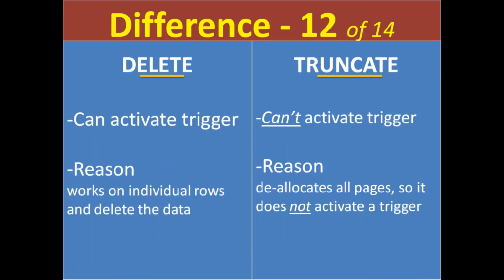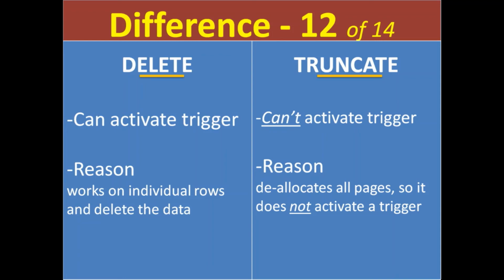Let's move to point 12 of 14. Delete can activate a trigger. The reason for it is that it works on individual rows and deletes the data. Now as a trigger is at row level, it triggers whenever there is a delete at the row level.